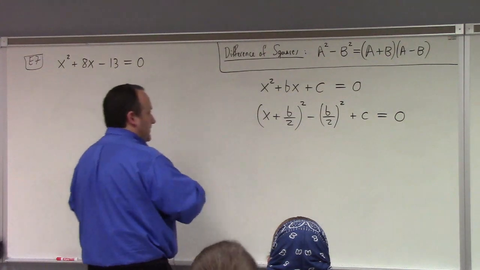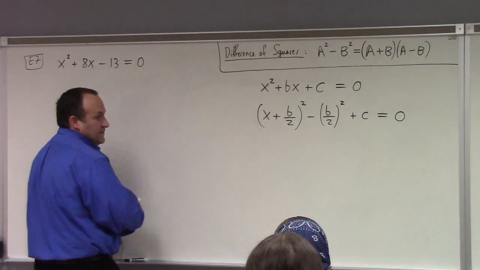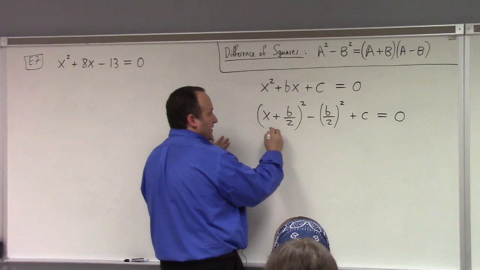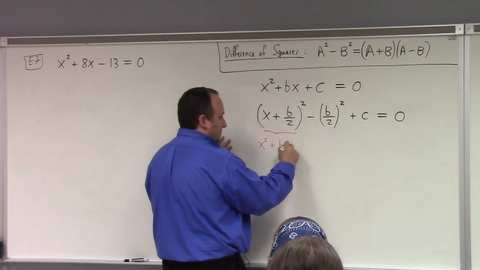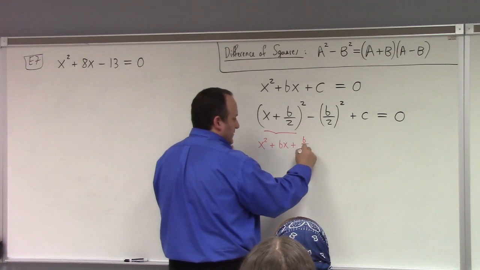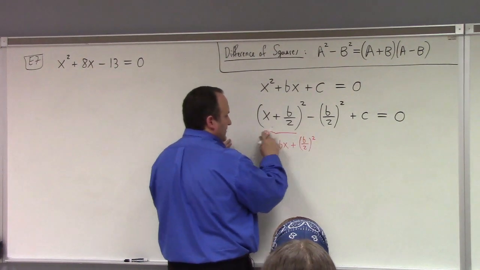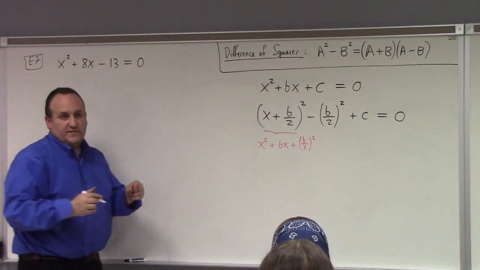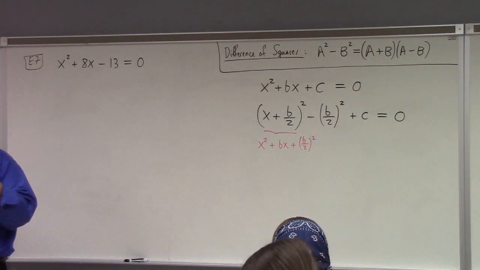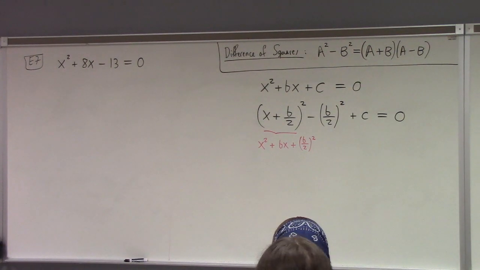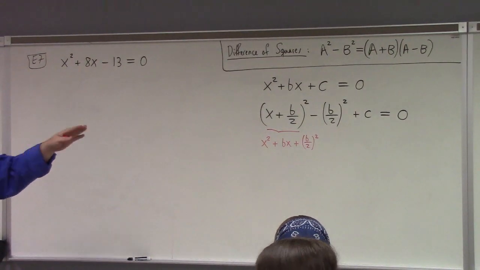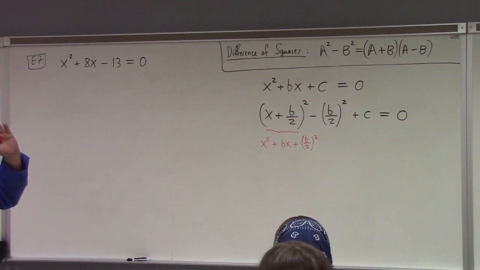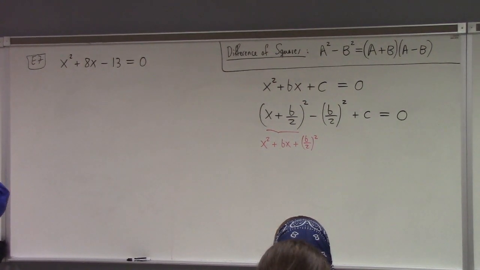So this step that I just made, if you multiply this out, what you get is x squared plus bx plus (b over 2) quantity squared. That's what this is equal to. So it's just an algebra identity that if you group b over 2 with the x and you add them, you square that. As long as you subtract the (b over 2) squared next, you have not changed the expression. These are identical. This is an identity.